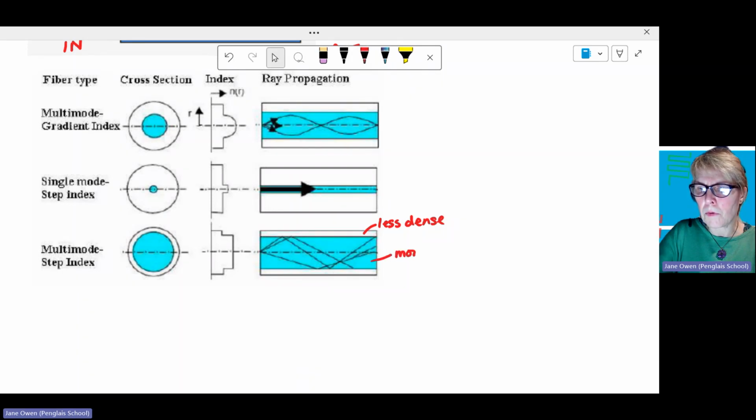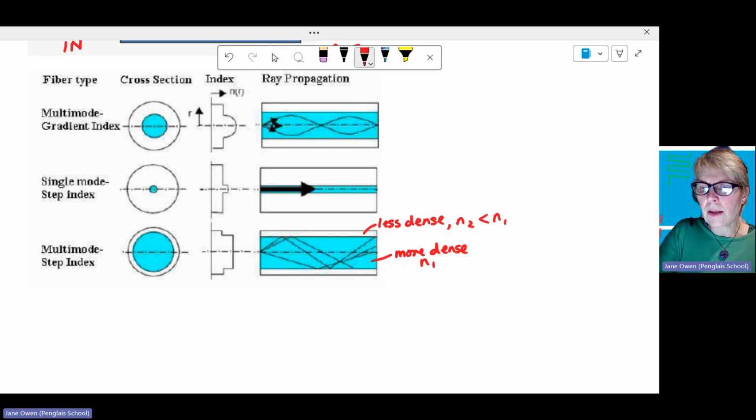So the inside will be more dense, which means that the refractive index on the outside, N2, is smaller than N1. All right. And so you get total internal reflection.